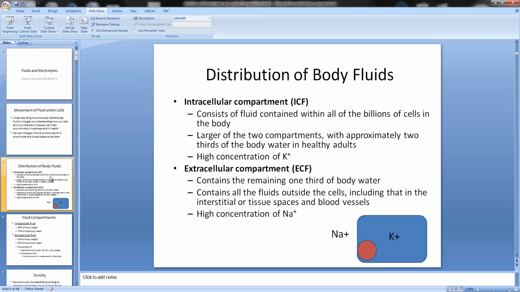That's important to remember when we talk about drawing bloods, for potassium levels for instance. When we draw blood, we're drawing from the extracellular compartment, and we're getting some number back. Most nurses know that normal potassium is somewhere between 3.5 and 5 mEq per liter, correct?